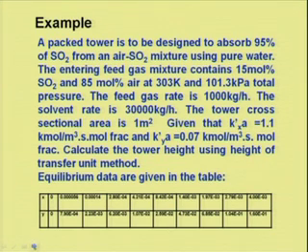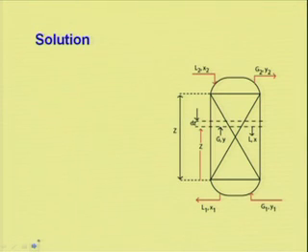So, the last method which we have discussed, we will follow the similar procedure. Here this is the packed tower, and all the symbols as we discussed earlier in the derivations remain same. So, now we will calculate the average molecular weight of the feed gas.